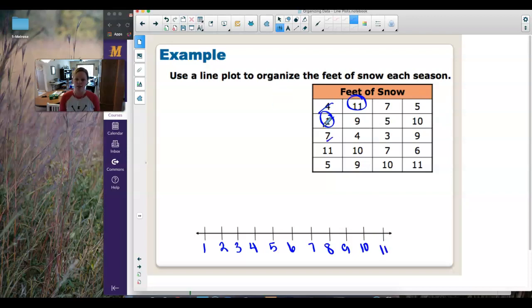So 4, 1, and 7, I'll do those first. And then 11, 5, and 11. So I had a 5 and 2 11s. And then 9, 4, and 10.